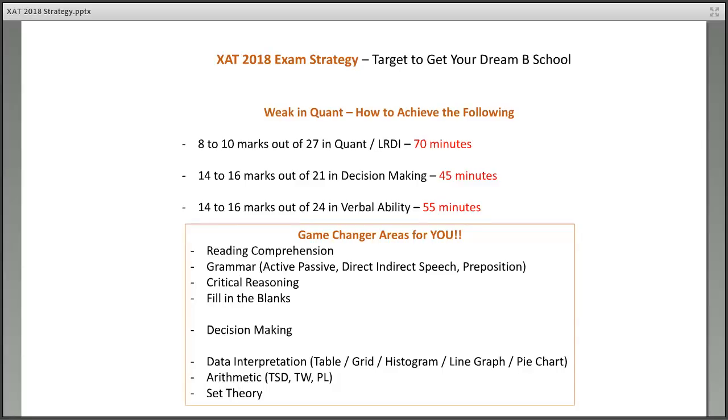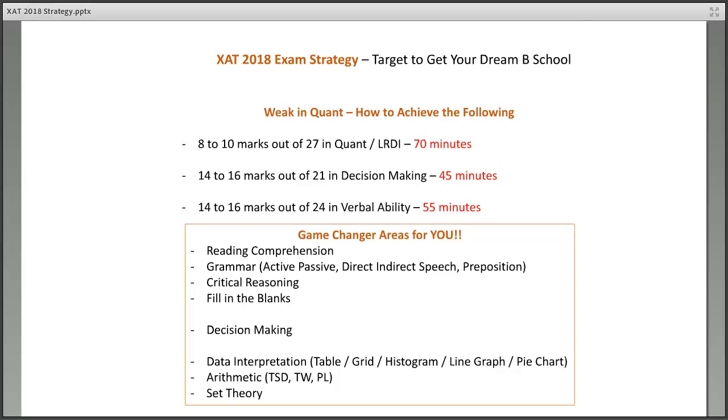We have been witnessing at least more than 10 students every year since last 3 years from our XAT decision making course who have been scoring 99.2 plus percentile in decision making section just with 2 weeks of preparation with our course, which we have specially designed with XLRI students and alumni. So if you are the part of that course, 99.2 plus in decision making is what you should be looking at.